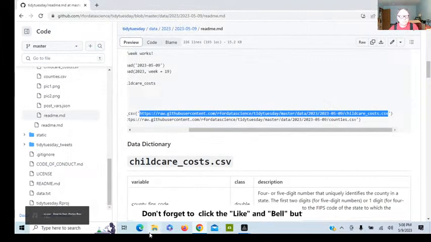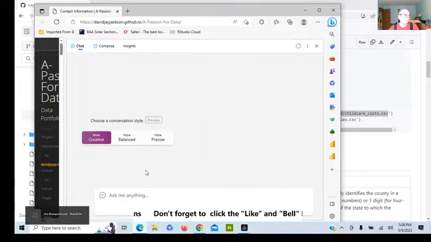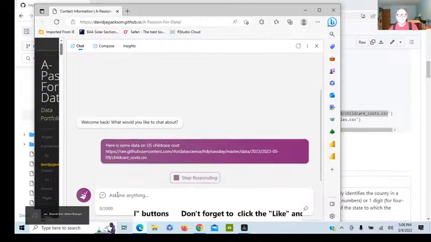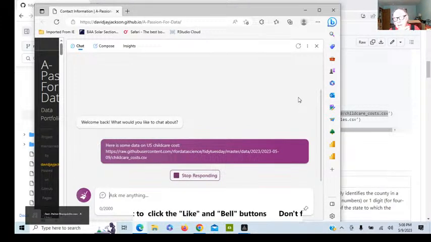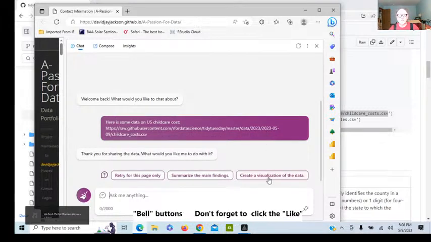Let's close this. Open this again. Now, the thing that's sort of interesting about Bing is that it created a visualization of the data.